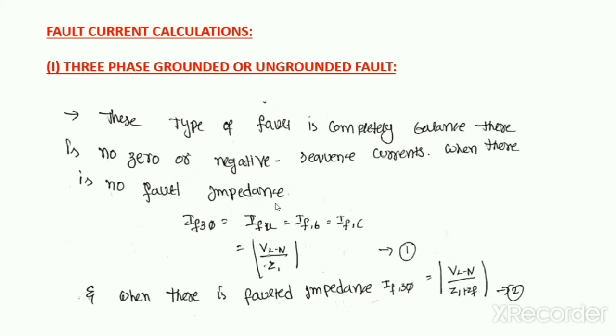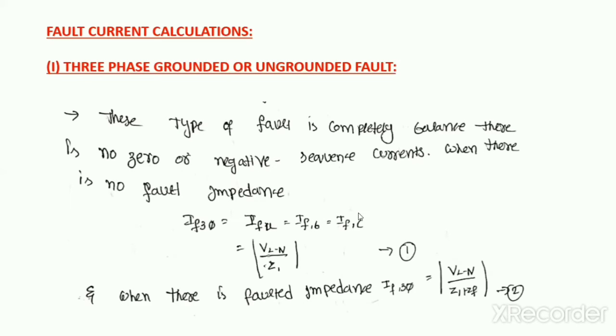When there is no fault impedance, the fault current three-phase, IF three-phase, is equal to the full load currents IFA, IFB, IFC. That is, the fault current at A phase, fault current at B phase, and fault current at C phase will all be equal.